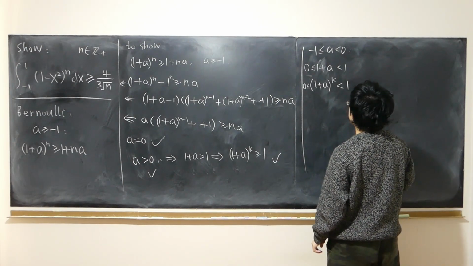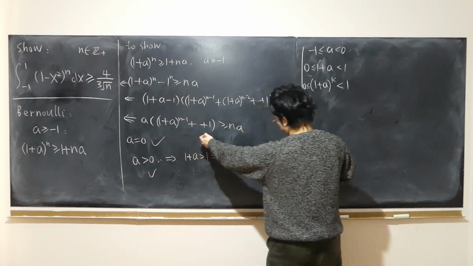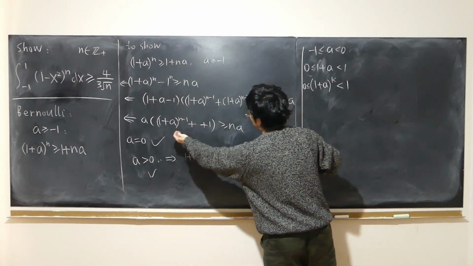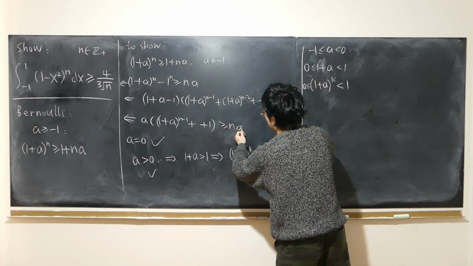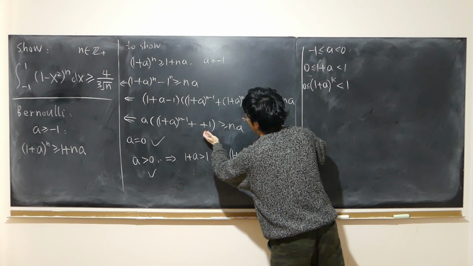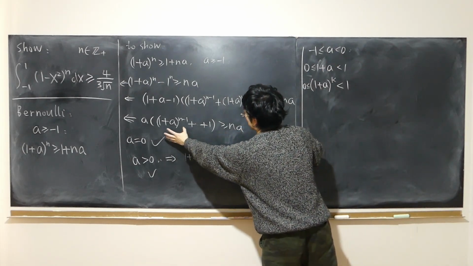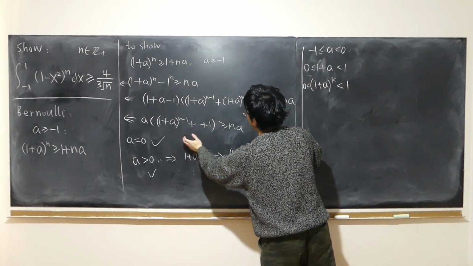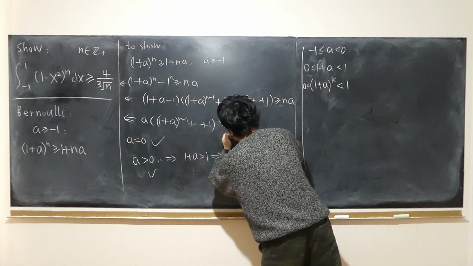If we multiply by a on both sides: first of all, without a, this quantity is smaller than or equal to n, but because a is negative, we just change the direction of the inequality. So bigger than or equal to, multiply by a on both sides. So also true.